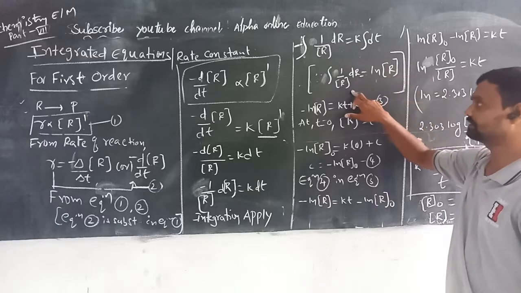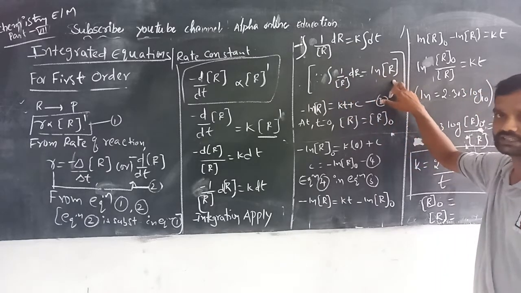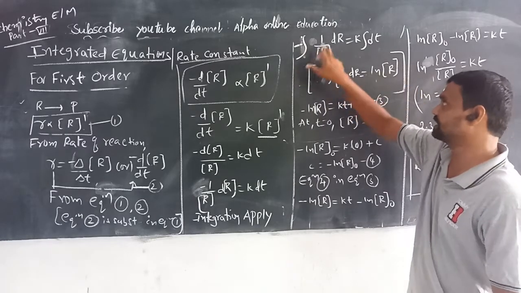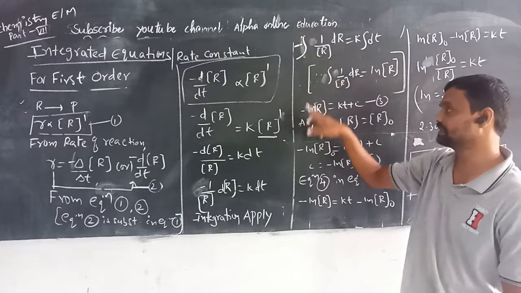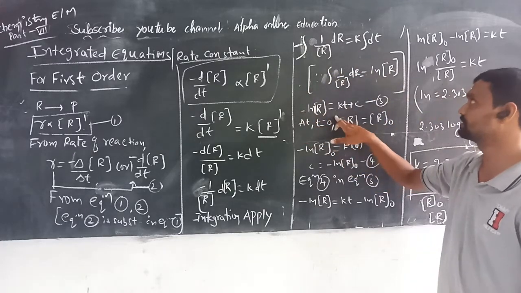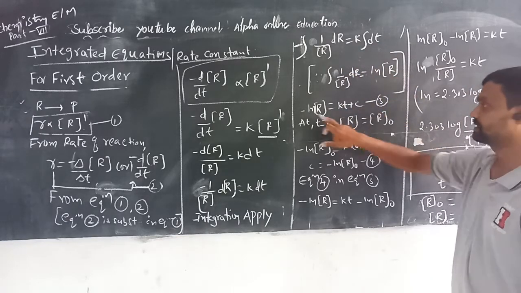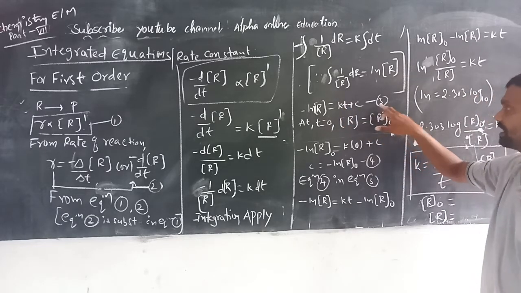Similarly, integration of 1 by R dR is equal to ln R. The remaining negative sign is equal to K, and integration of dt is t plus C. So minus ln R is equal to Kt plus C. Let this be equation 3.